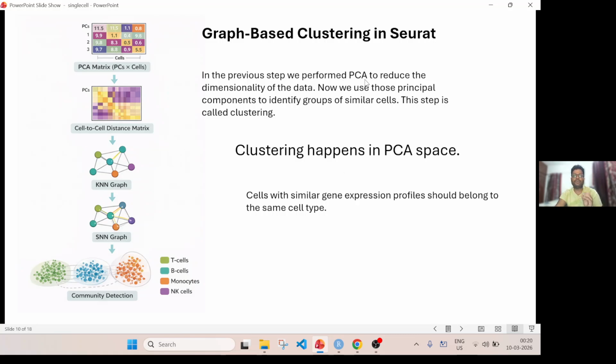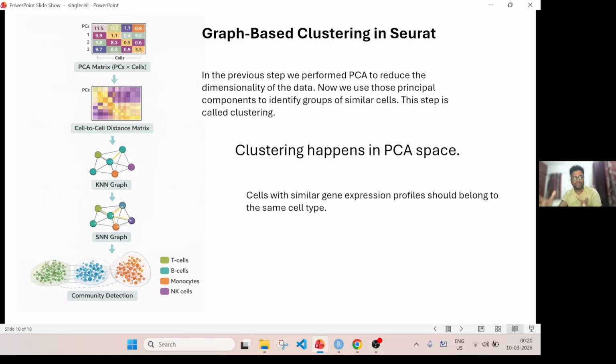That's very important. In the previous step, we performed PCA to reduce the dimensionality, and now we use those principal components to identify groups of similar cells. That's why I have explicitly written that clustering happens in PCA space, not in the original data. It also doesn't happen in UMAP or t-SNE. UMAP and t-SNE are for visualization. PCA is a must; without PCA you cannot do all that.